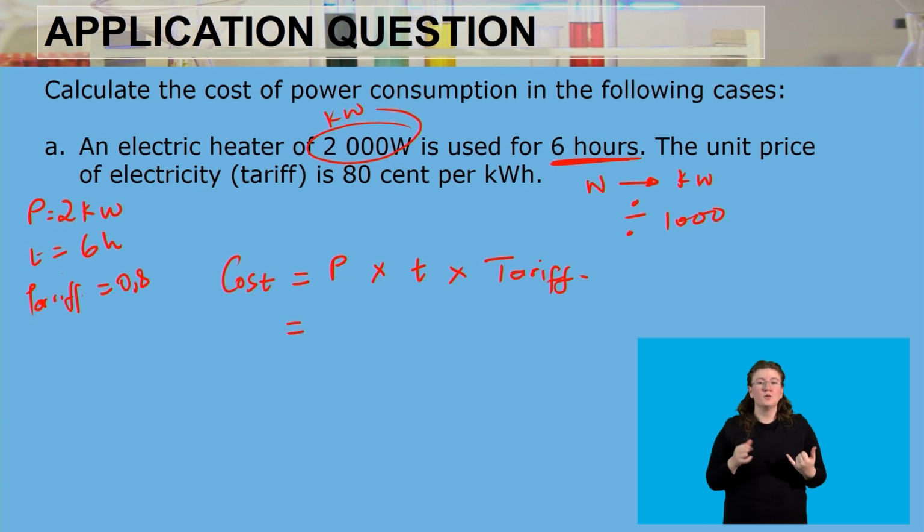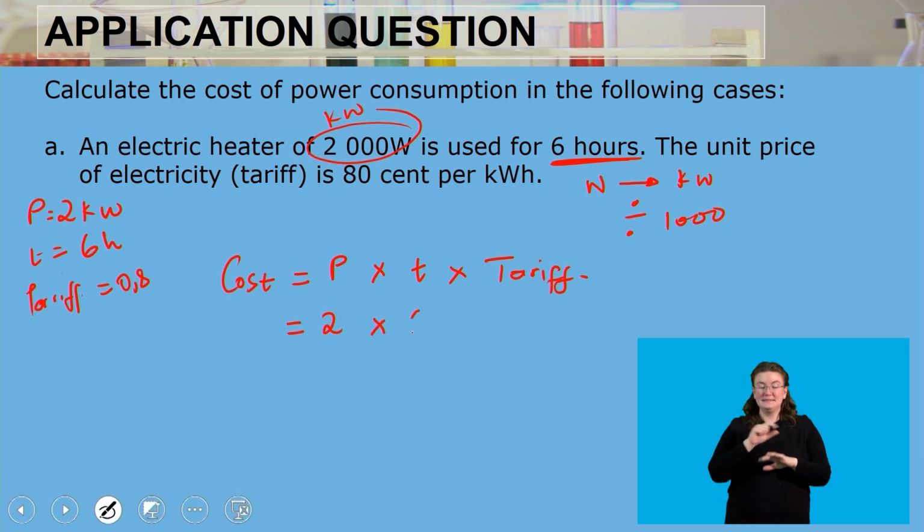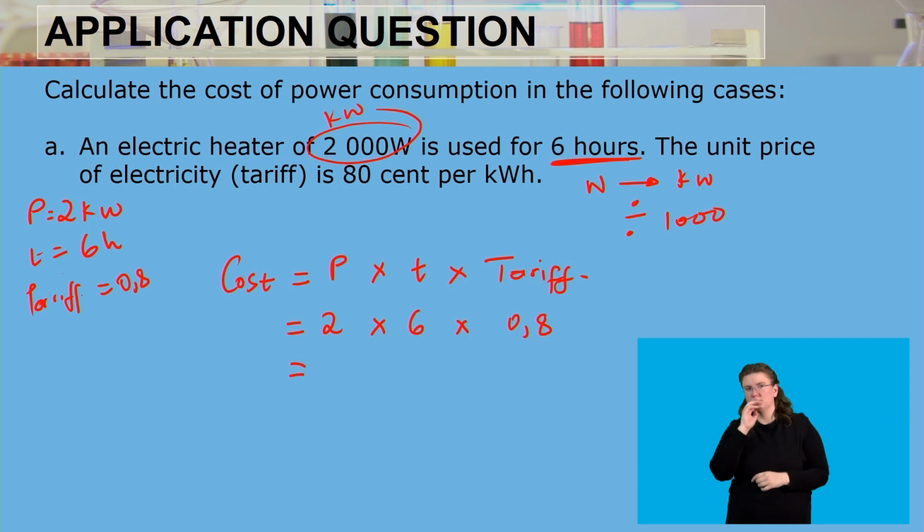So we have converted our 2000 watts into kilowatts, and we find that it is 2 kilowatts, which is going to be multiplied by 6 hours, and the tariff is 0.8, which is our 80 cents. Now to get the answer, you simply punch in your calculator 2 multiplied by 6 multiplied by 0.8.